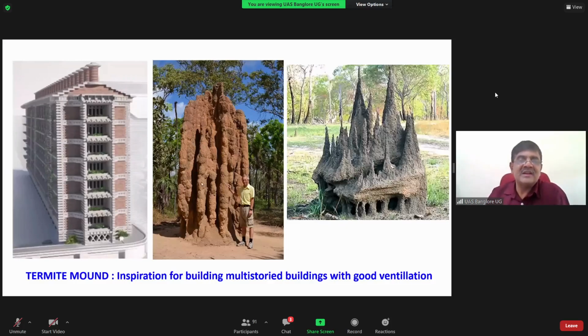Inside, it is well ventilated. By looking at this ventilation mechanism, human beings have learned to make air conditioning systems in multi-storied buildings. That means we have learned building multi-storied buildings from the insects.